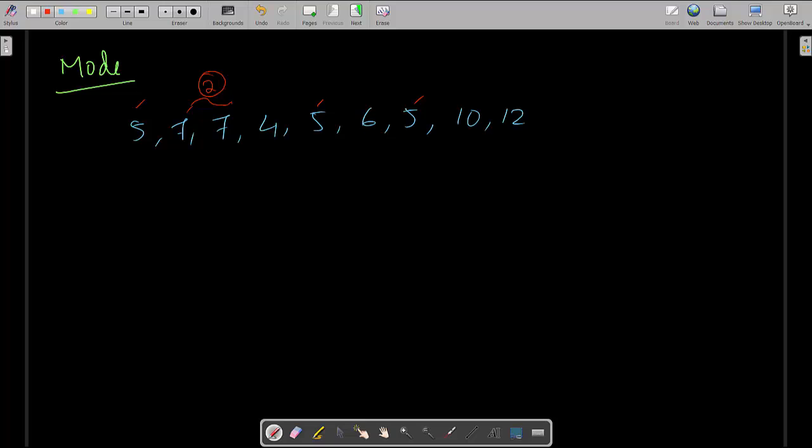Mostly, there are two methods to calculate mode. First one is the inspection method, and the other one is the grouping method.